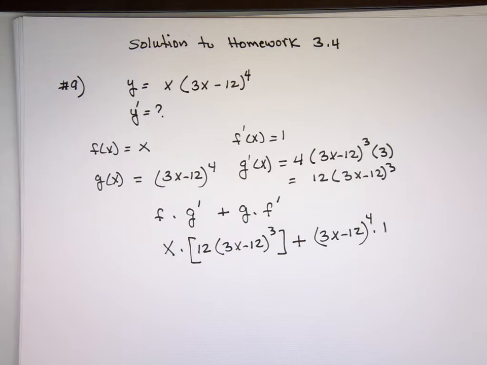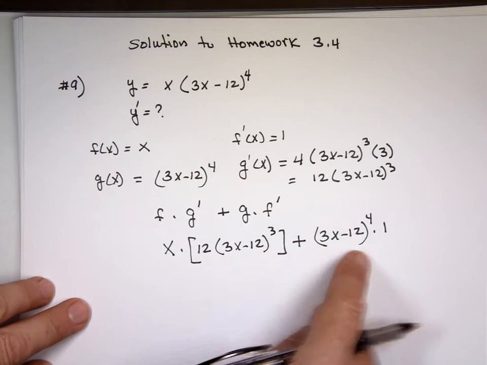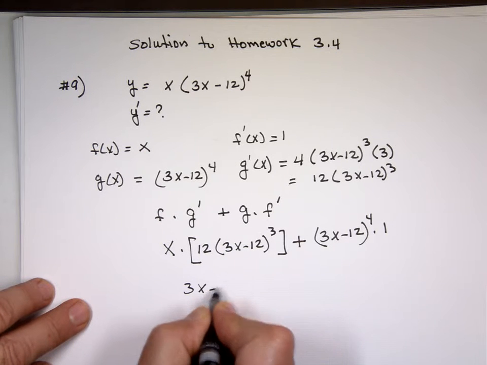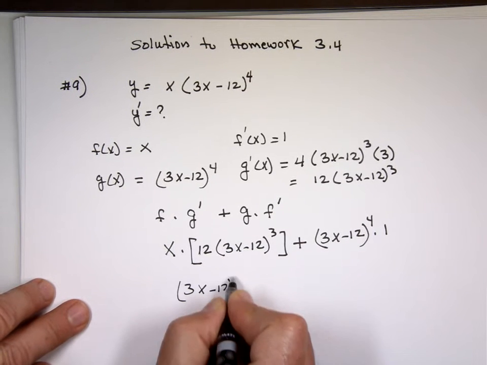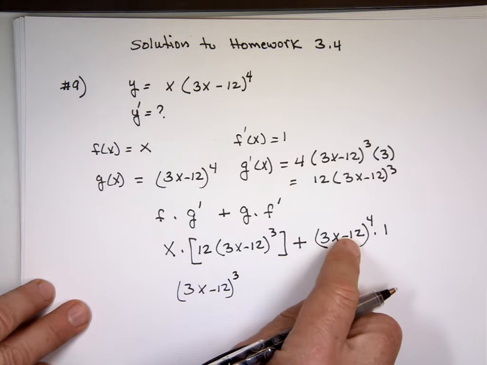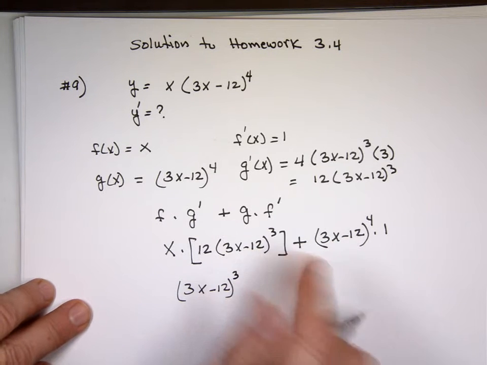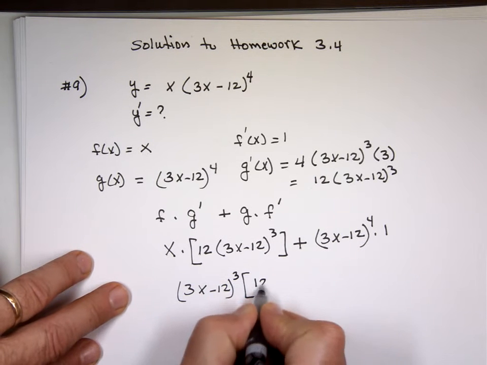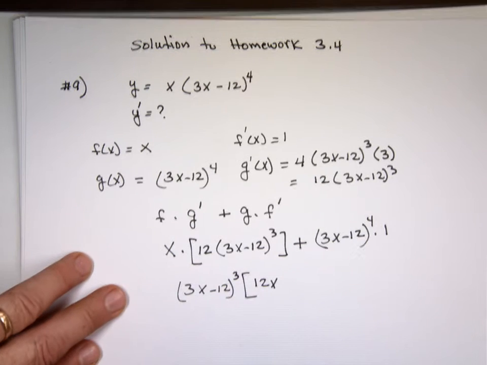Now I want to show you quickly how I would have simplified if that was me. What do you notice these two terms have in common? 3x minus 12 to what power? 3. This has 3 of them, this has 4. So if you factor 3 of them out of this side, what's left in this group here? The 12x, the 12 and the x.